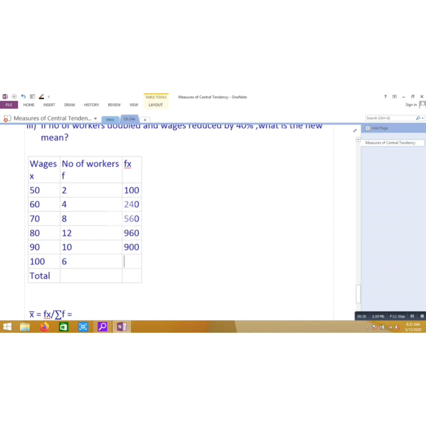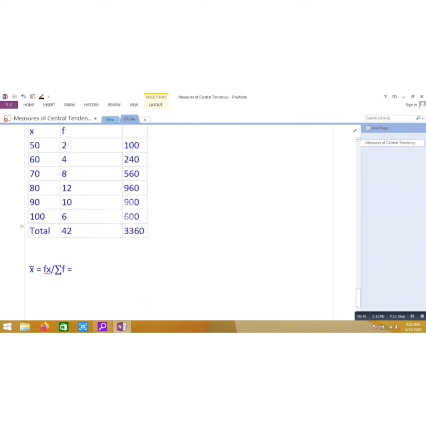Then we'll sum up columns 2 and 3: 42 and 3360. So by substituting in the formula for arithmetic mean, 3360 by 42, that's going to be 80.